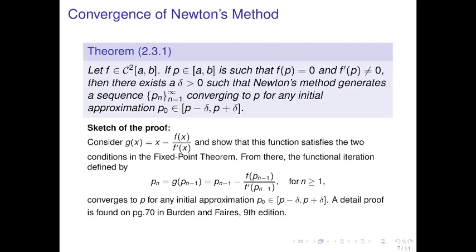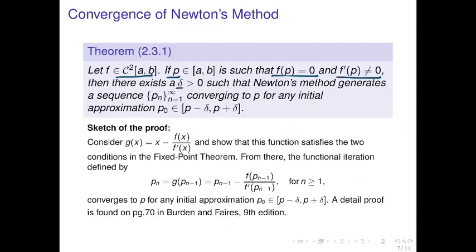Theorem 2.3.1 puts our heart at rest. This theorem basically guarantees convergence as long as some conditions are met. We start with a function that is twice differentiable. We assume that p is the desired root, and the derivative evaluated at p is not equal to 0.